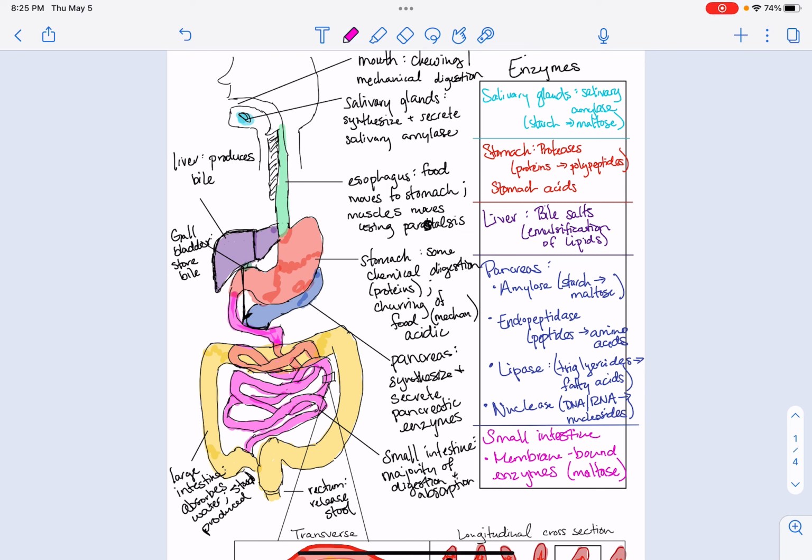Definitely make sure you know the pancreas, and you understand these three, because if there's a question about digestion, I've seen questions where they ask about 2 specific enzymes in the small intestine, or they might ask you how proteins are digested, and you'll have to talk about endopeptidase and the proteases.